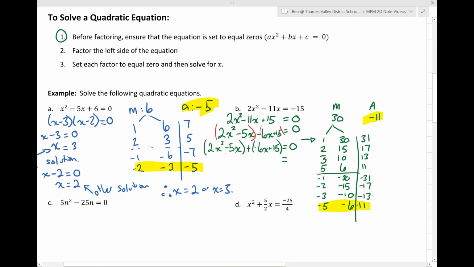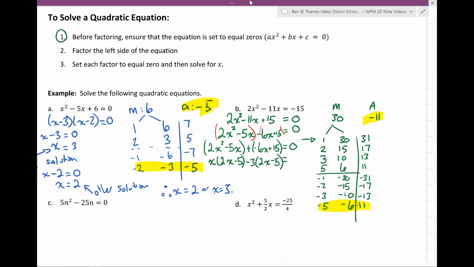And then I'm going to take the greatest common factor out of each pair of terms here. So my first pair of terms, my greatest common factor is x. So that's x, leaving me with 2x minus 5. My second set of brackets, I'll take the greatest common factor out, and I'll make my first term positive as well. So we'll take out a negative 3. Minus 3 times 2x minus 5.